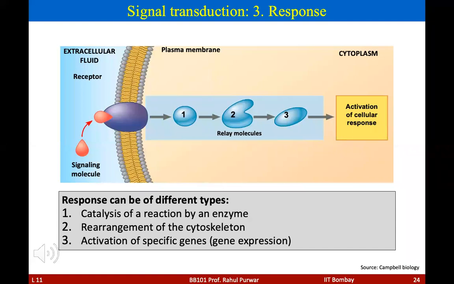Either it can give rise to gene expression, for example, enzymes will be synthesized, and there will be catalysis of a reaction by an enzyme, or the cell will change its shape, and to change the shape, its cytoskeleton needs to be rearranged, or different types of genes are activated, including new synthesis of hormones, or in muscles, which need to make more energy, or maybe digestive enzymes are changed.